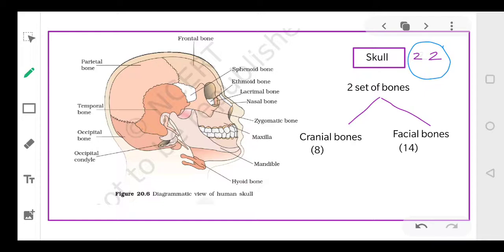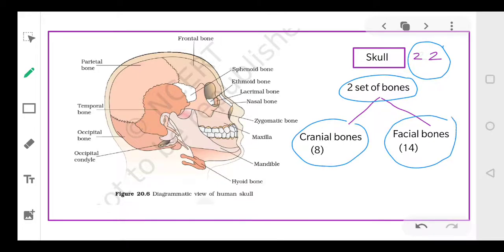We can categorize these 22 bones into two types. One is cranial bones, another is your facial bones. Your cranial bones are 8 in number, and the facial bones are 14 in number. So 8 आपकी जो है वो cranial bones है और 14 आपकी facial bones है. Clear है? Okay.